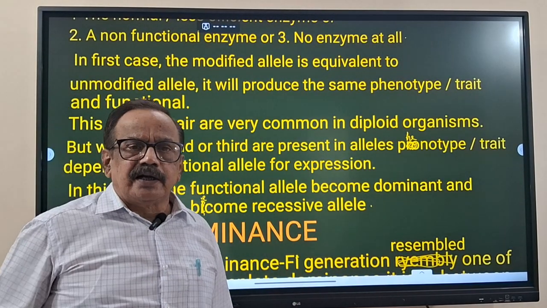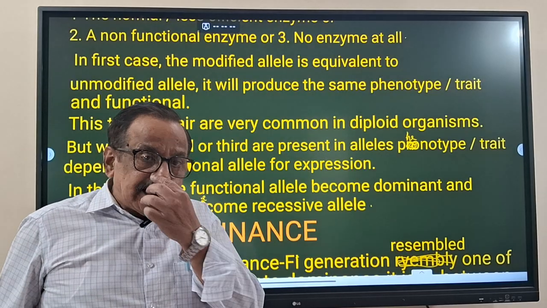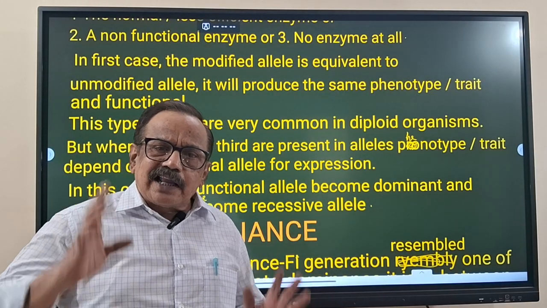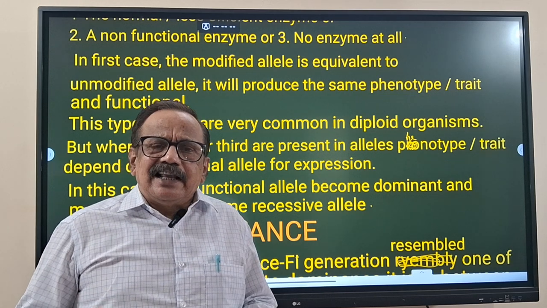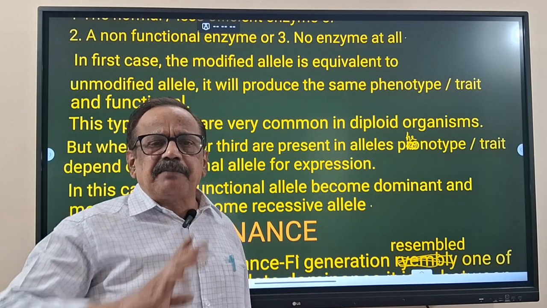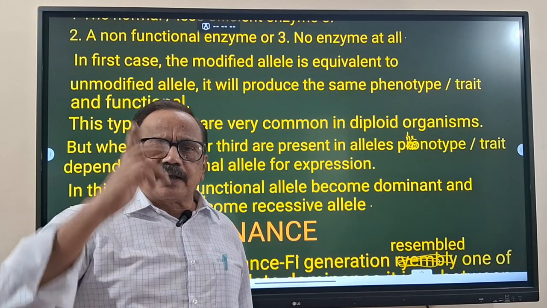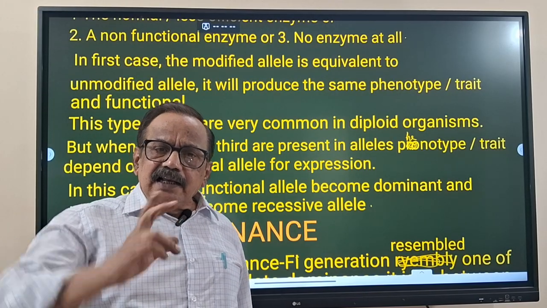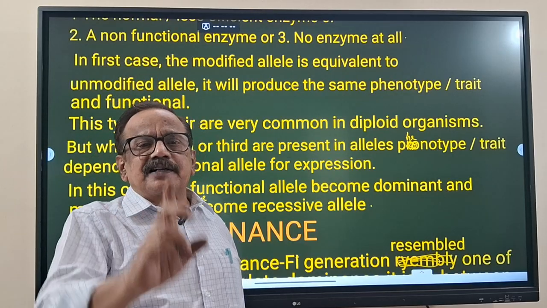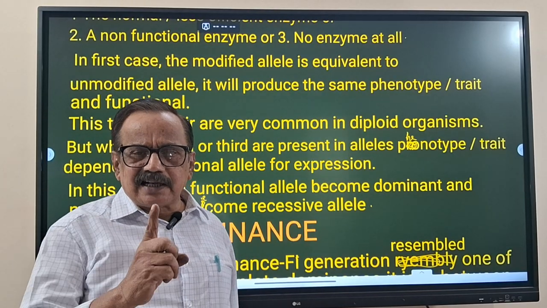This is the most important point. Non-functional enzyme or no enzyme will take place in very few places only. In most cases, the allele may be modified, but it is in the expression condition. That is the most important.